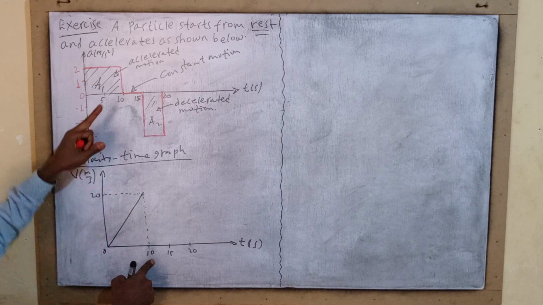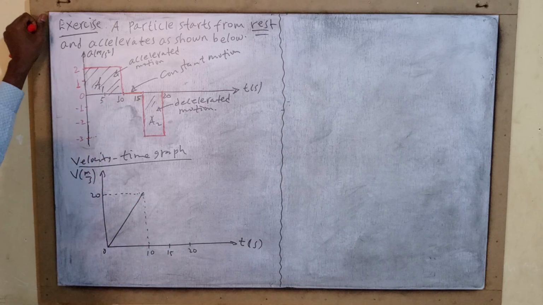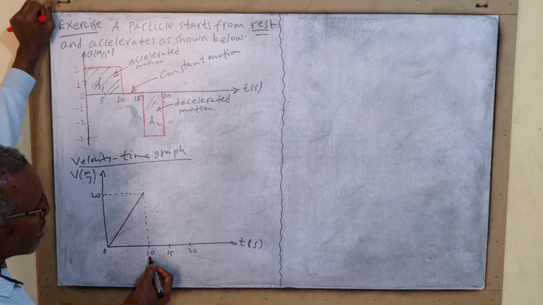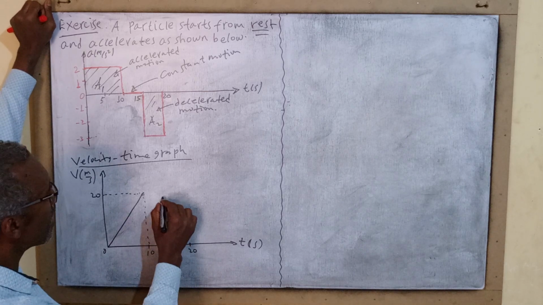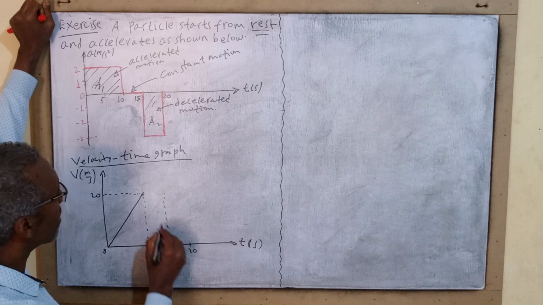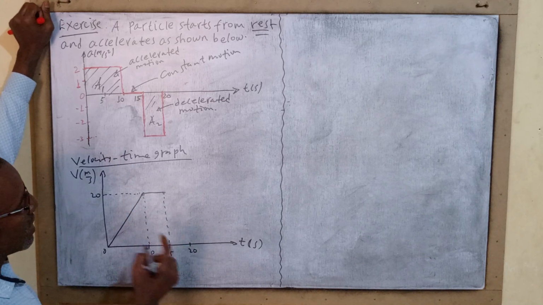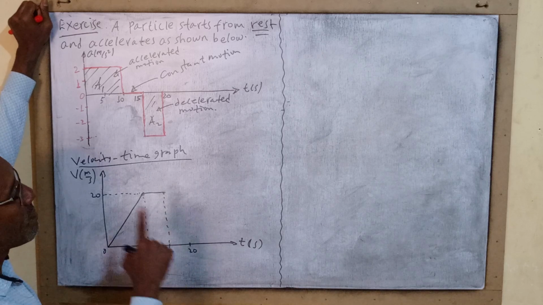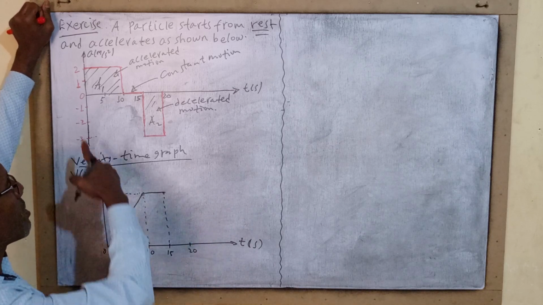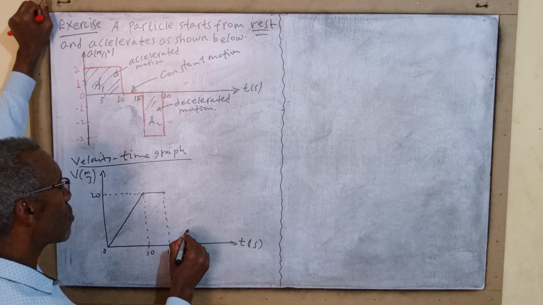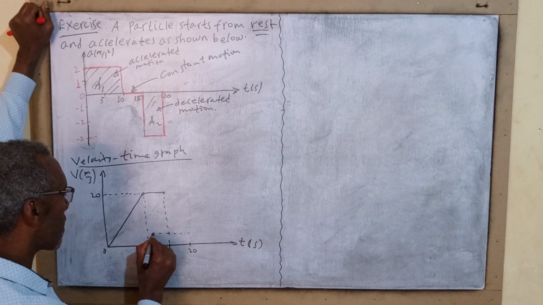At t is equal to 10 seconds, the speed is 20 meters per second. Between t is equal to 10 seconds and t is equal to 15 seconds, the speed is constant. This is a constant motion. And between 15 seconds and 20 seconds, the speed decreases 3 meters per second every second up to 5 seconds.